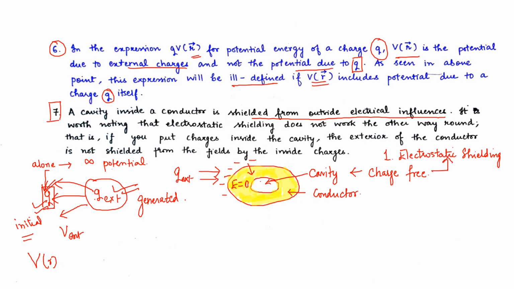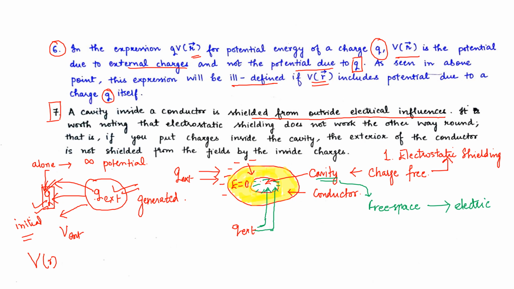So this procedure is termed as electrostatic shielding. But now I have got one idea. I brought external charges from somewhere and introduced these charges inside the cavity. Now once I put them inside the cavity, as the cavity is not a conductor, the cavity is free space, this cavity will have electric field lines going from here to there.